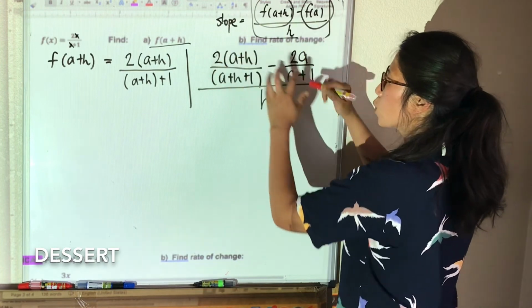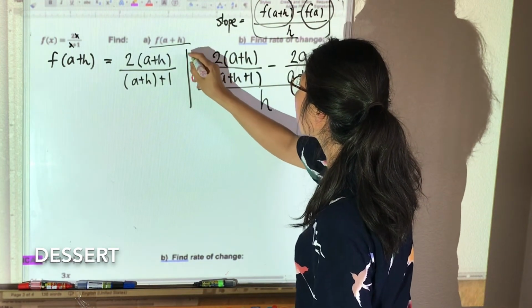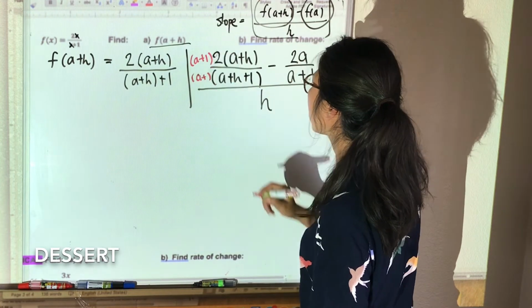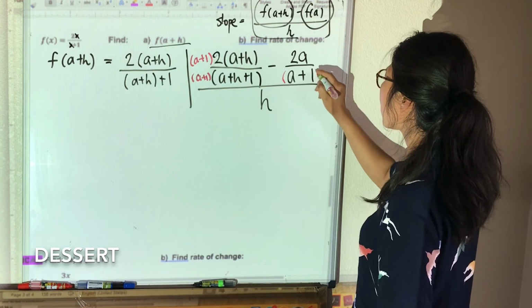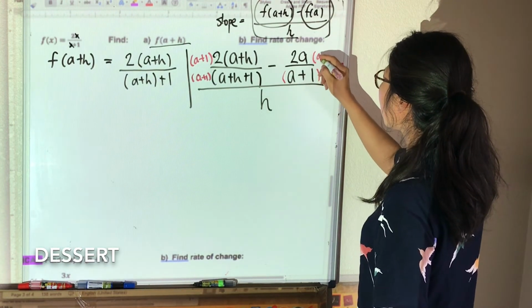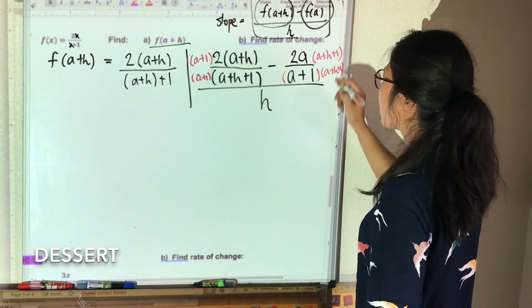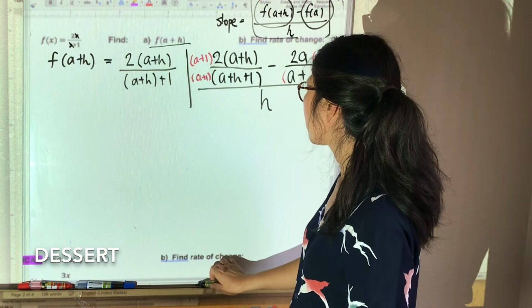Now I have two terms that need a common denominator, by multiplying a plus 1. Right hand side by multiplying a plus h plus 1, I can combine the denominators together.